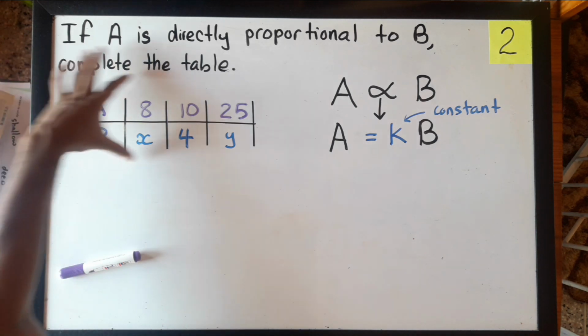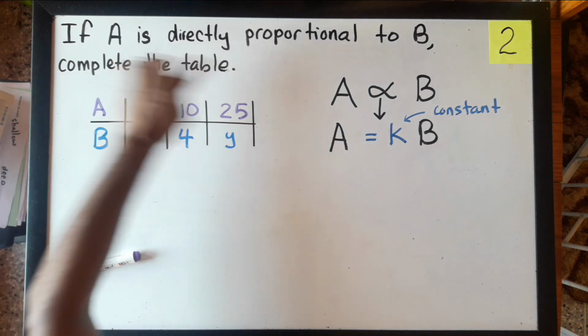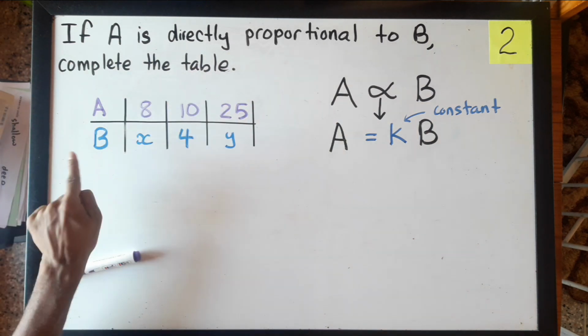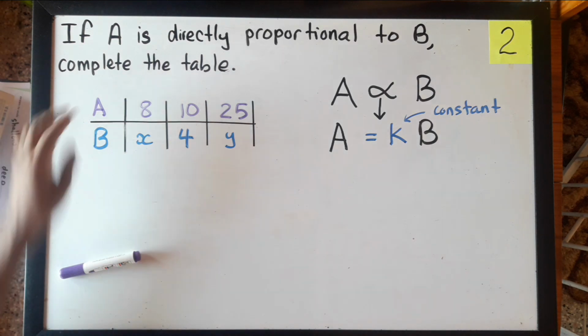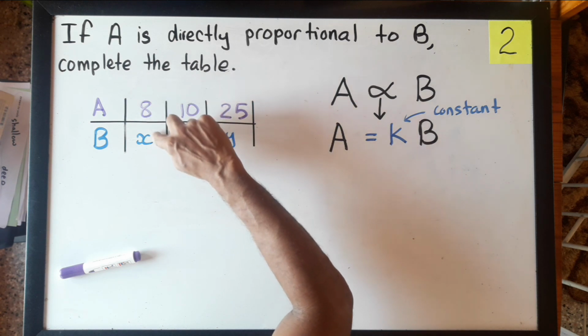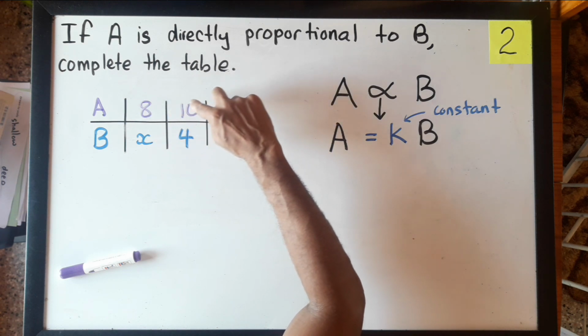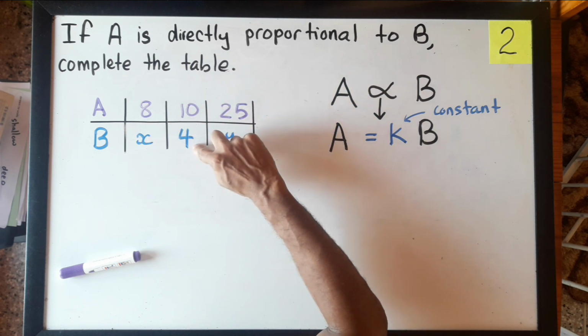Well, in the exam, this is how the question normally comes. Here's A and B. One row is named A, the other one is named B. You will notice that when A is 8, B is X. When A is 10, B at the same time is 4.